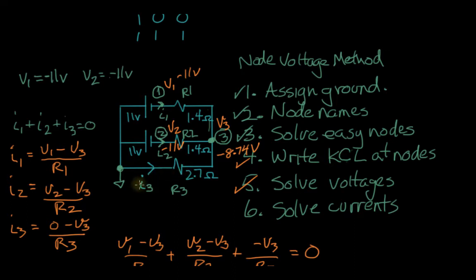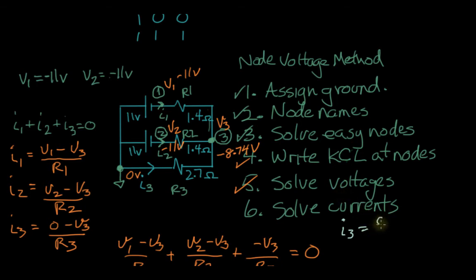What was I3? So we have the voltage on both sides of R3 here. We have 0 volts on this side because it's the reference node. And we have minus 8.74 over here. So let's use Ohm's law to figure out what I3 is. I3 equals, it's going to be a voltage term.